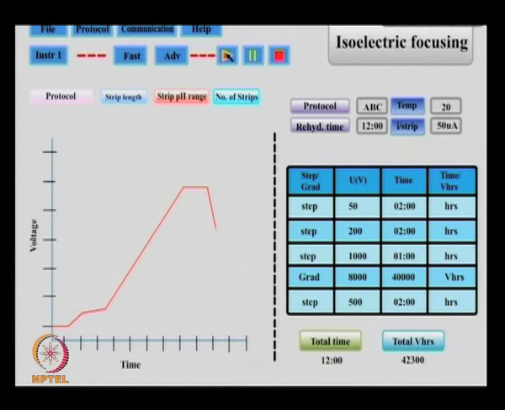After second dimension separation is done, then we can perform the staining and de-staining. So, this process involves removal of the gel from the electrophoretic assembly, followed by treatment with a fixing solution, staining solution and finally, the de-staining solution.